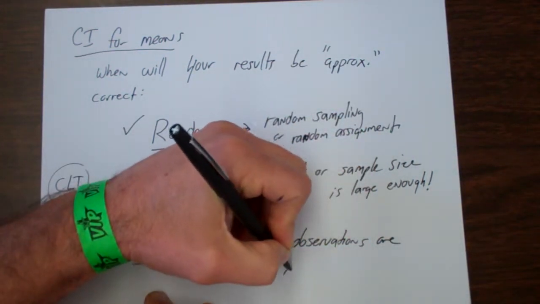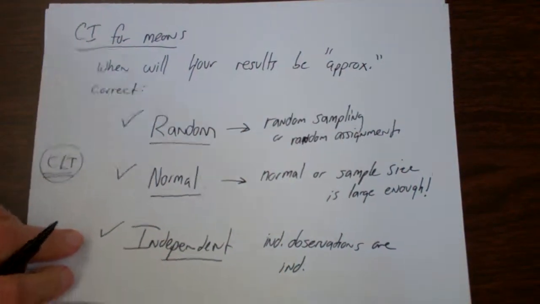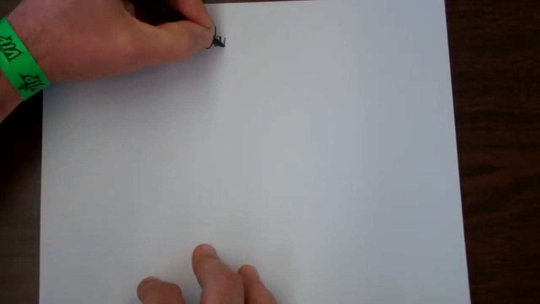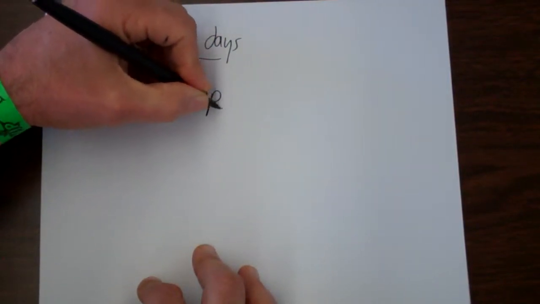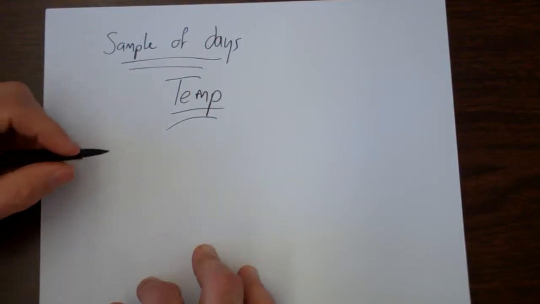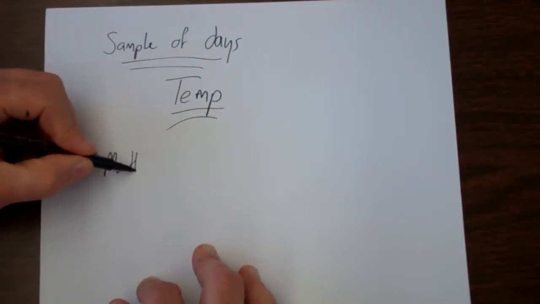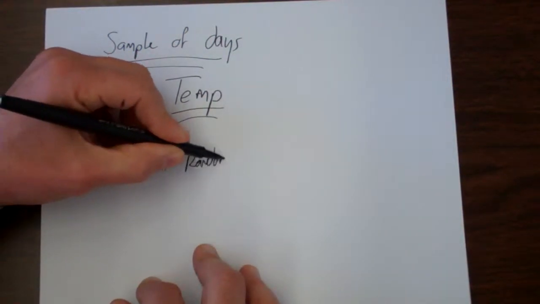And let's think about when is that violated, right? A simple example: let's say you were doing a sample of days and you were studying temperature, right? And let's say you took a month at random. So let's give this some flesh.